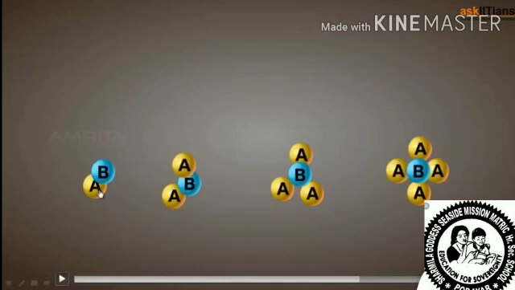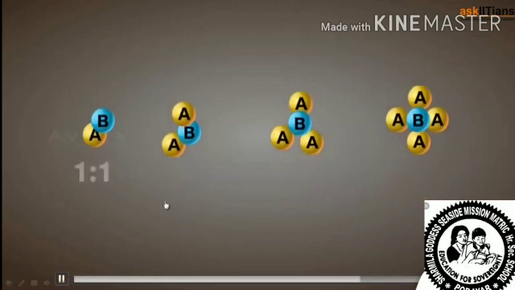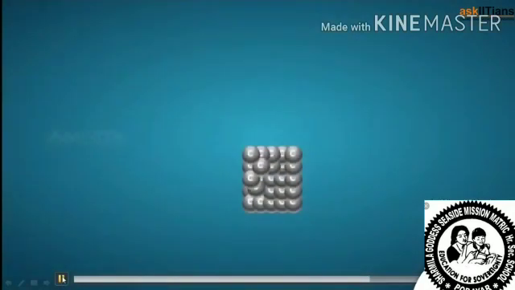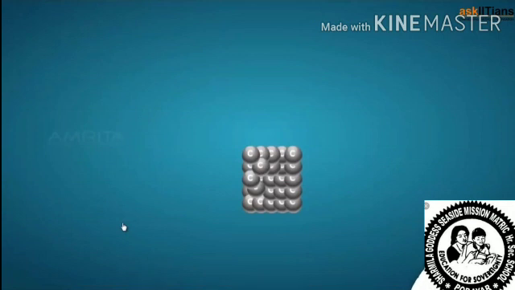Here, 1 atom of A and 1 atom of B give the ratio 1:1. Here, B to A is 1:2, 1:3, 1:4, all simple ratios. That means the different masses of the element that combine with the fixed mass of the other element will be in a simple ratio.